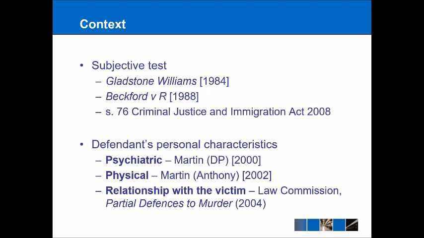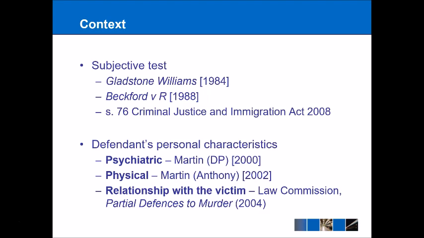But what Tony Martin case did look at was the physical makeup of the defendant. So if you're feeling threatened, if you're a feeble old lady, for example, you're more likely to feel threatened by a home intruder than you would if you were a 26-year-old bodybuilder or someone like that. So we can look at the physical characteristics, and also the Law Commission themselves have pointed out that it might be worth looking at the relationship with the victim.